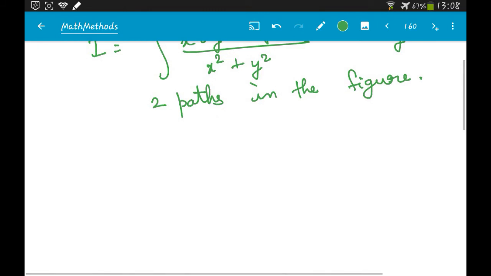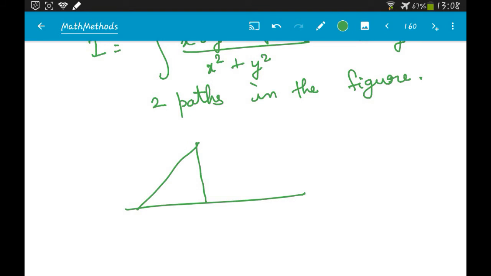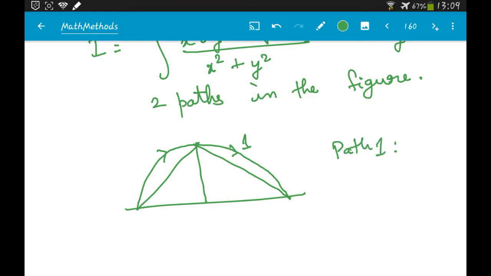So what is the figure? Let's draw the figure. This is our figure. So essentially path 1 is a semicircle, and path 2 is a triangle.